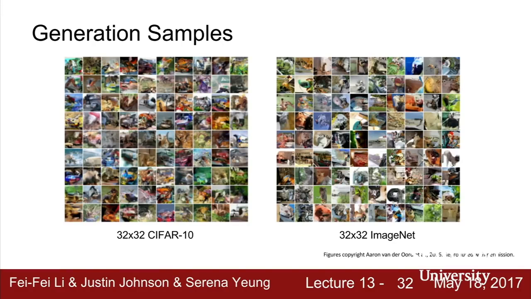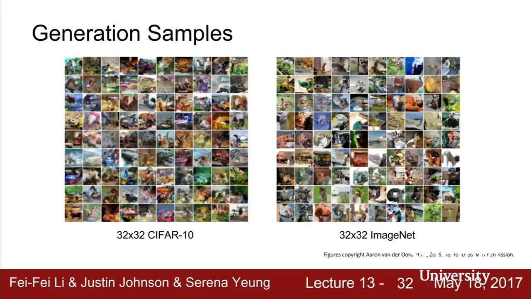Okay, so these are some examples of generations from this model. Here on the left you can see generations where the training data is the CIFAR-10 dataset, and you can see that in general they are starting to capture statistics of natural images. You can see general types of blobs and things that look like parts of natural images coming out.